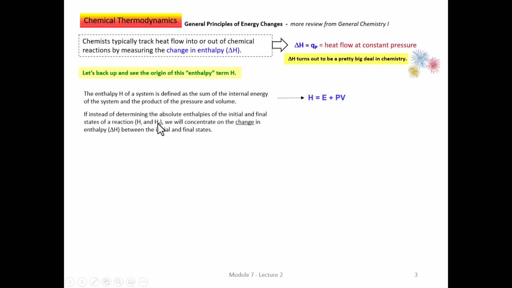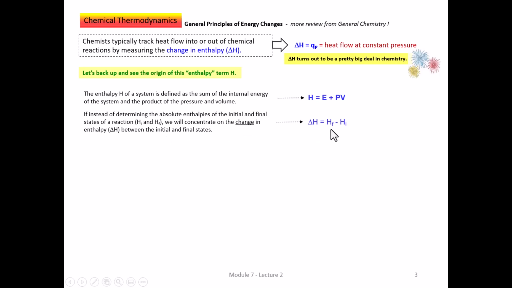Instead of determining the absolute enthalpies of the initial and final states of a reaction, H sub I initial, H sub F final, or as we've substituted before, initial state meaning the reactants, final state typically meaning the products, instead of concentrating on getting absolute numbers, what we're going to do is concentrate on the change in enthalpy, deltaH, between the initial and final states, or in other words, between the reactant and product states.